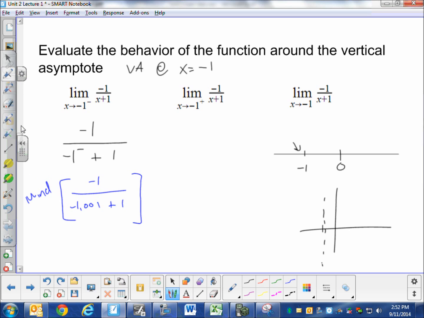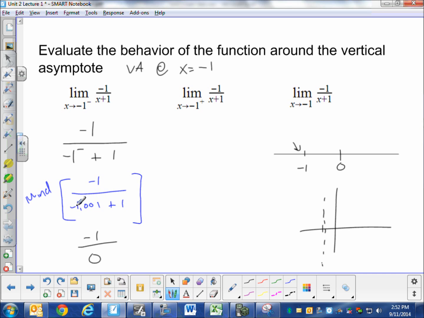But then I'll go ahead and say, okay, I got negative 1. This value here is going to be essentially 0. It's going to be approaching 0. The key is, is it going to be approaching 0 from the left or from the right? Will it be an infinitely small negative value or an infinitely small positive value?